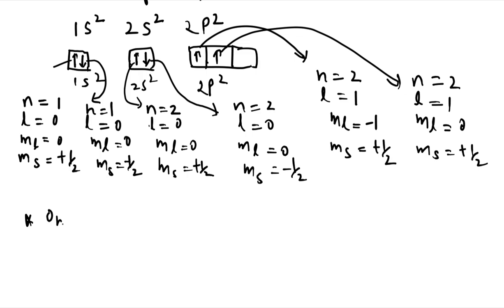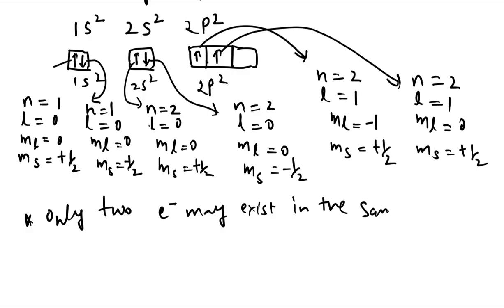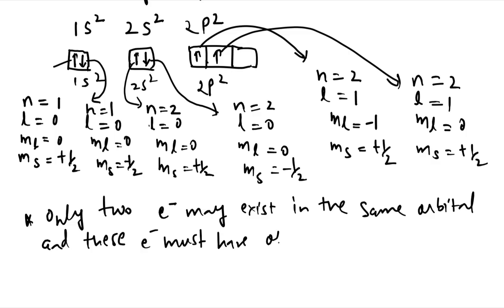It says only 2 electrons may exist in the same orbital, and these electrons must have opposite spin.